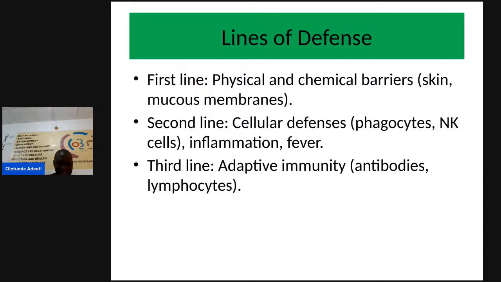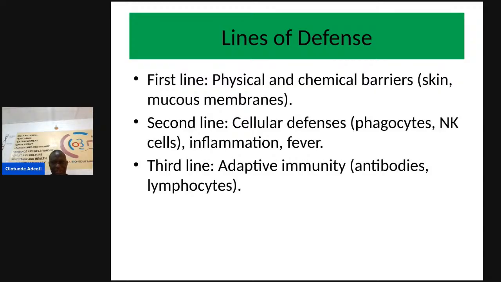Another thing is the second line of defense, the secondary line. The first encounter will be at the skin. If you want to enter any house, no matter what, you have to scale through the door, scale through the gates. So all these are physical barriers. Once you have access through the door, you can easily enter the house.